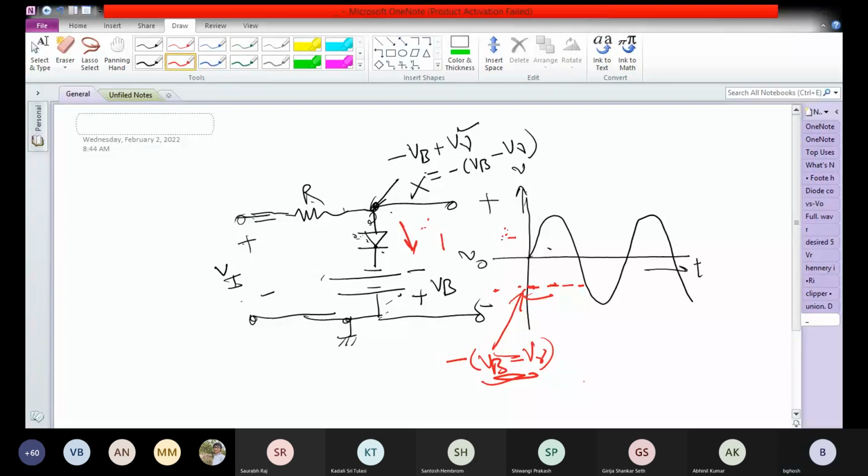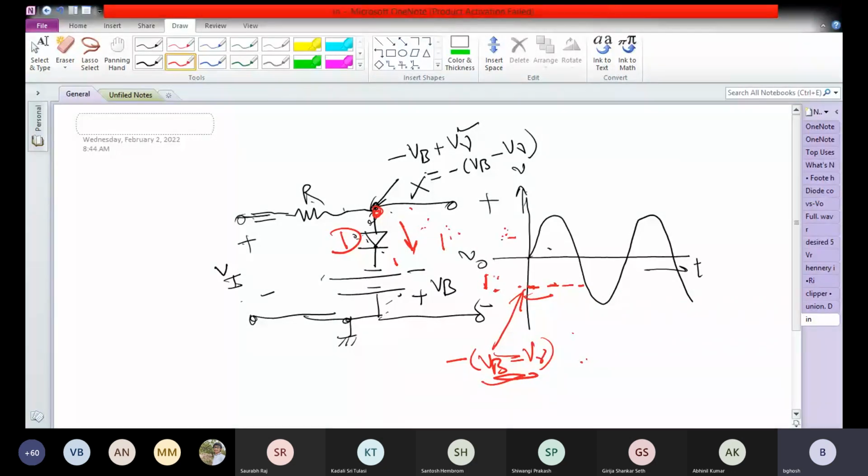But when the diode is off, that is, when the voltage Vi is sufficiently negative, when the voltage at point X becomes lower than minus Vb minus V gamma, diode D will turn off.